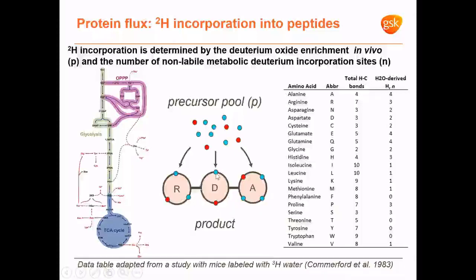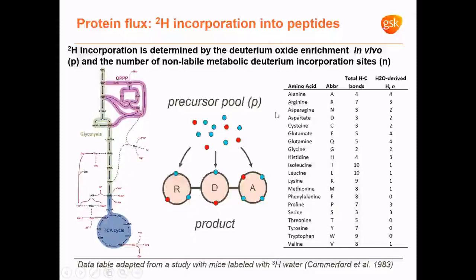Then obviously amino acids get incorporated into proteins during new protein synthesis. The number of deuteriums that gets incorporated into any amino acid is predictable and reproducible. And this was initially observed by Comerford et al., where they used tritium to label mice, and has been confirmed in more recent studies with humans and mice and cells in culture and things like that.